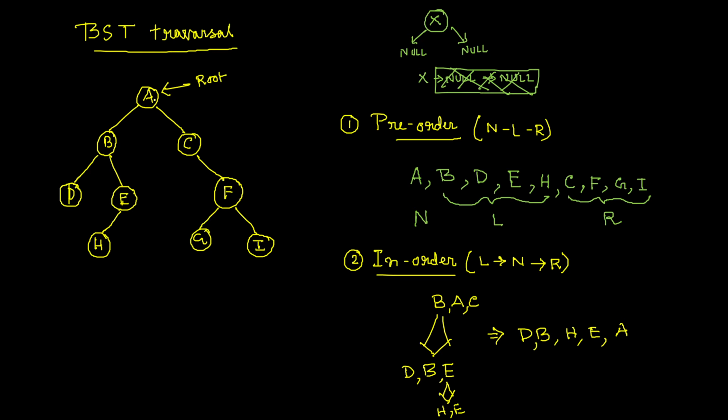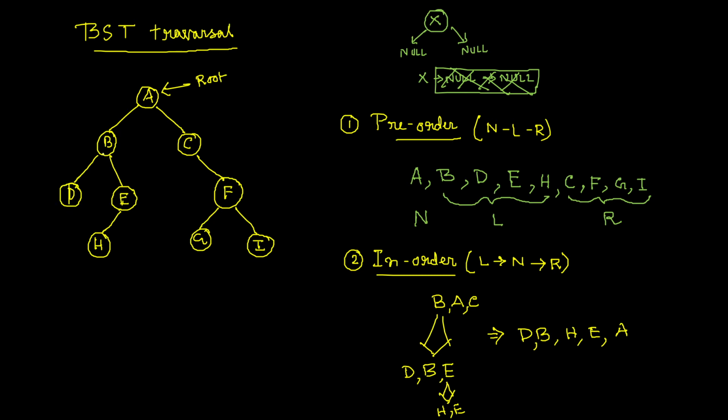You have to go to the extreme left node first, and start printing from that point. In this particular tree, the extreme left node is D. H is not the extreme left node because H came somewhere towards the right, but D is the left child of each and every left node. So it's extreme left, that's why D will be printed first.